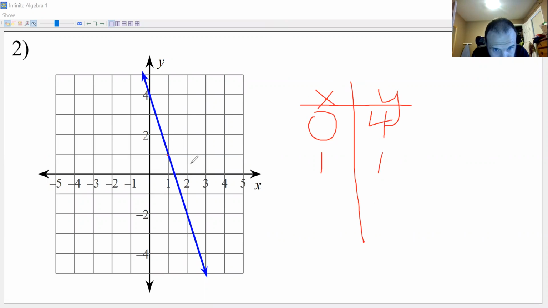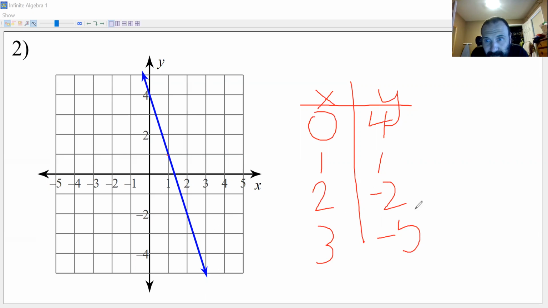And how about this one? X is 2, Y is -2. We'll get another point. And see, this one doesn't cross perfectly, but it looks like this one crosses really nice. When X is 3, Y is -5.